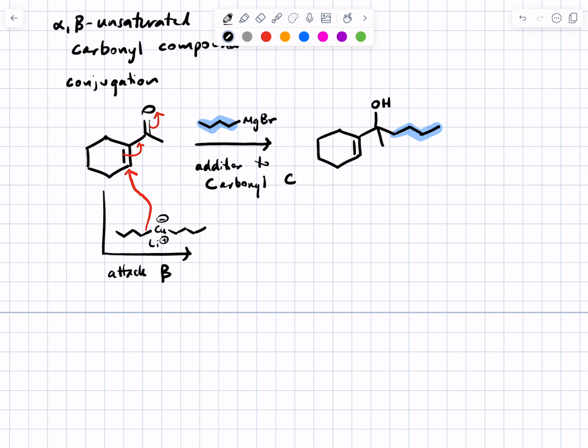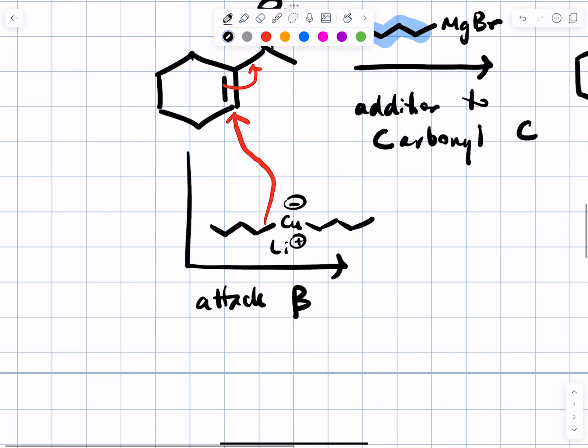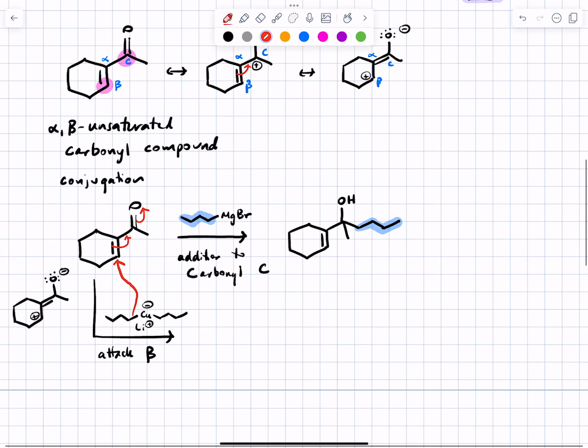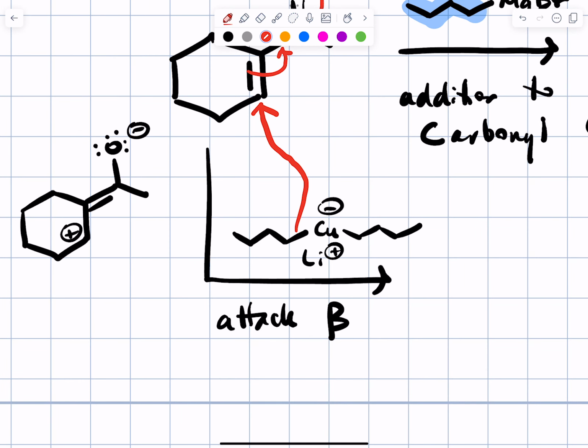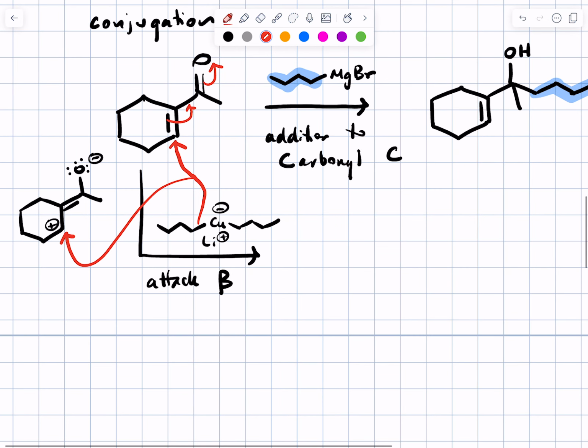Doing that is not so very different from actually just attacking directly the resonance structure in which the positive charge was on the beta carbon. I've just copied that down from above. Either of those ways of pushing arrows for this reaction are equivalent to each other.